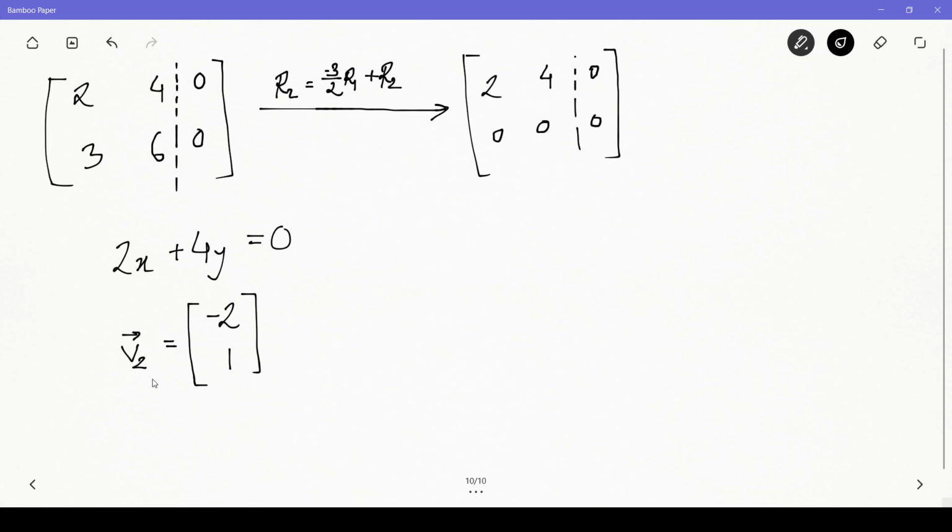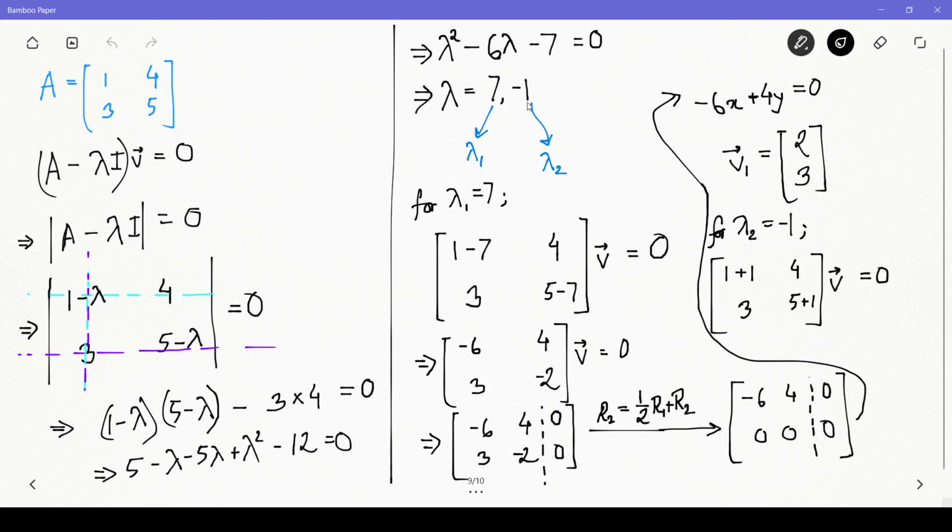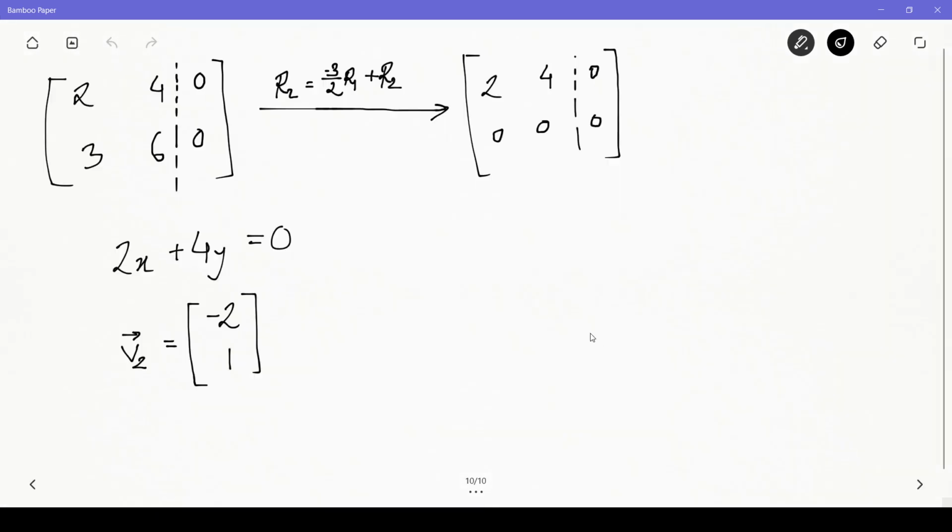Which means that the set of vectors that I get from this v2 vector will not change their span or their direction after being transformed. After undergoing the linear transformation, they will only get scaled by a factor of minus 1. So what do we mean by getting scaled by minus 1?